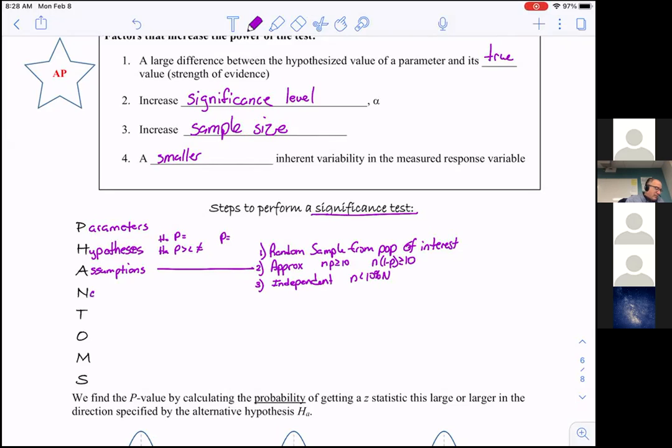Next we're going to have a name of test. Since it's a proportion, it's always going to be a Z.